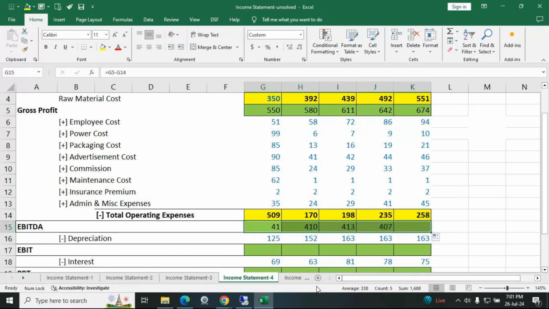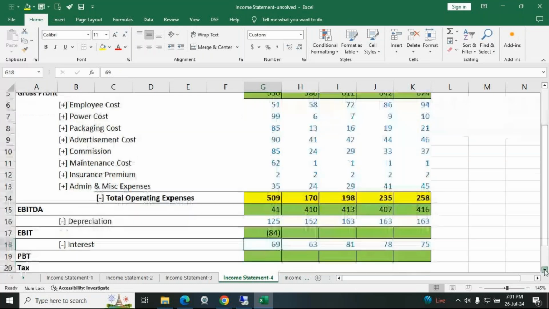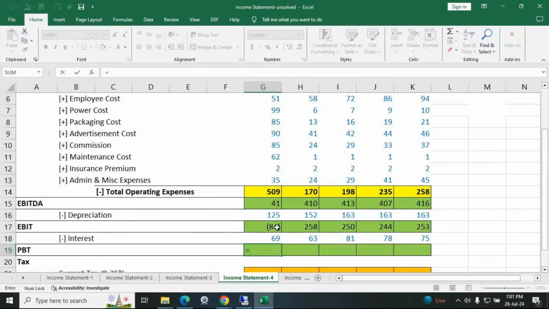I'll get this value. EBIT will be EBITDA minus depreciation. Depreciation value is already given. I'm going to drag it. PBT, profit before tax, is EBIT minus the interest.